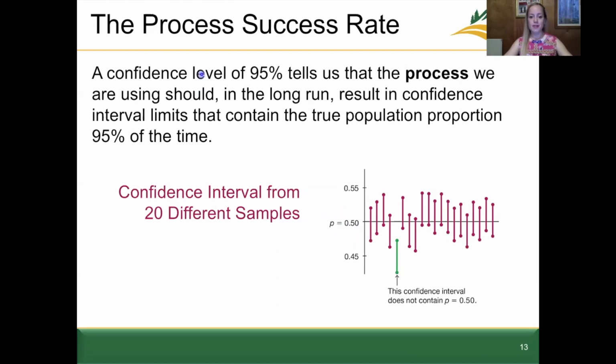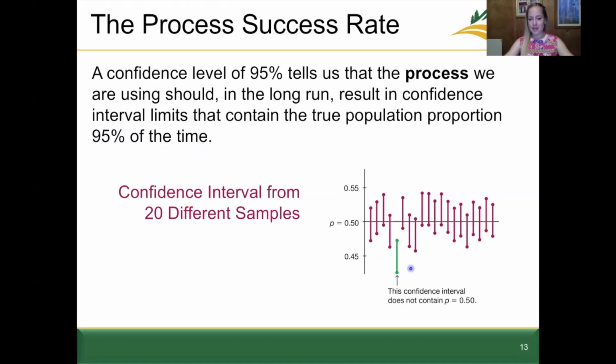According to how we interpret the meaning of a 95% confidence level, we can say that repeating the process of however we collected each of these samples will, in the long run, result in confidence interval limits that do contain the true population proportion, or 0.5, 95% of the time. And I should say only 95% of the time, because that is a pretty high amount of confidence we can have here.